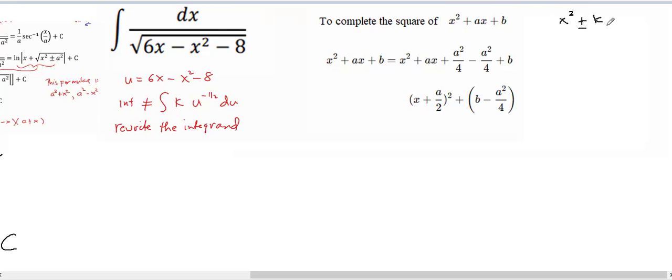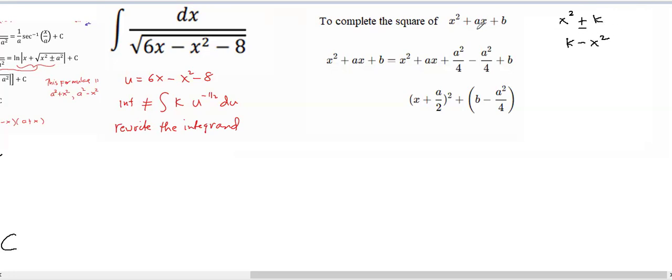Okay, k minus x squared. X squared plus or minus k or k minus x squared, where k is a positive constant. It is already a sum or difference of two squares.